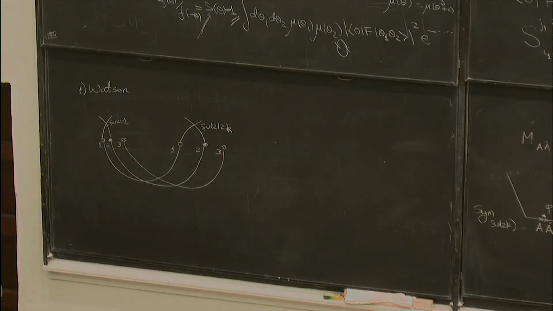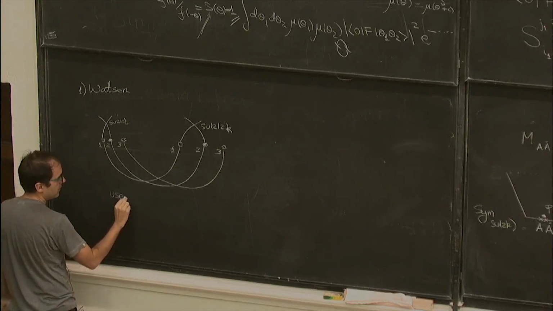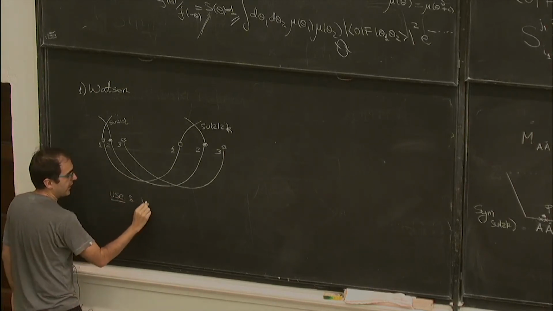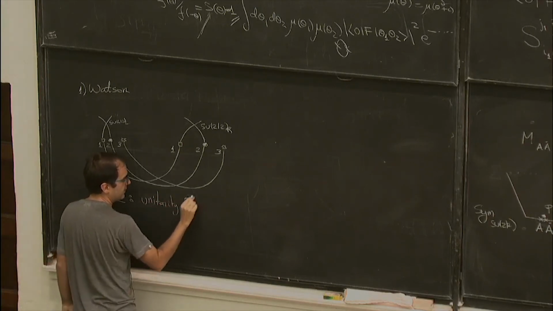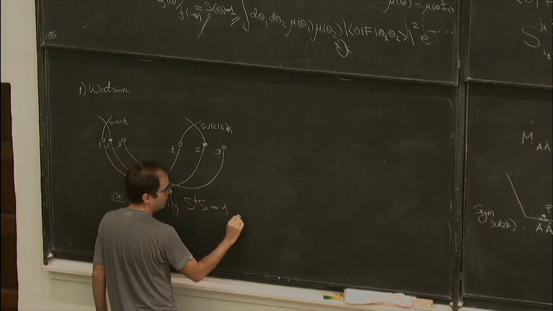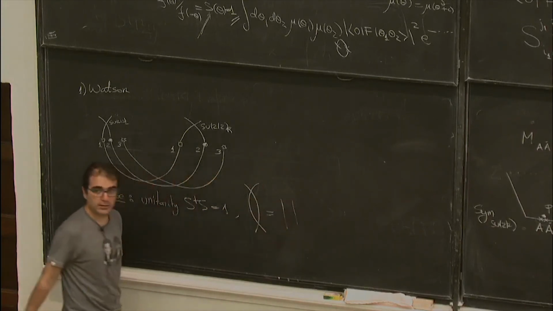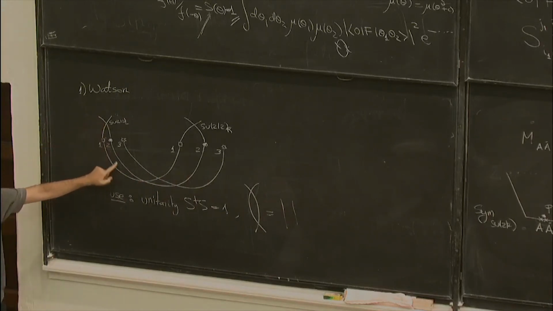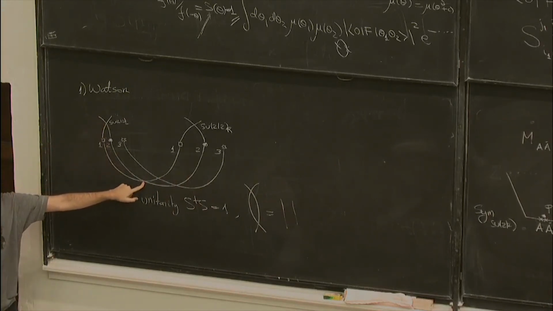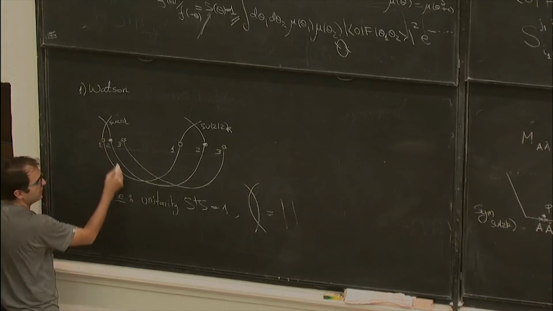And now, what we want to use is unitarity, which is just S dagger S equal 1, or this equal to this, that allows me to take this S matrix and annihilate it with this one. Right? So I just take, and these become two lines. Okay? So I just take that.